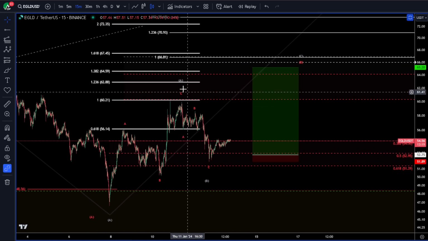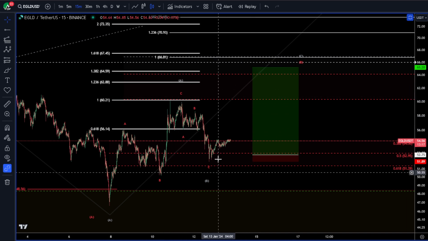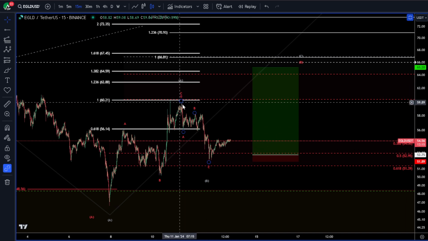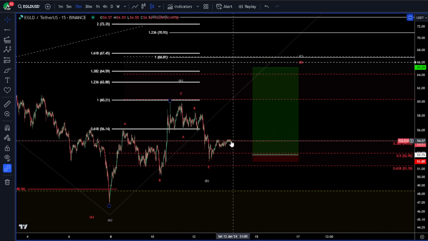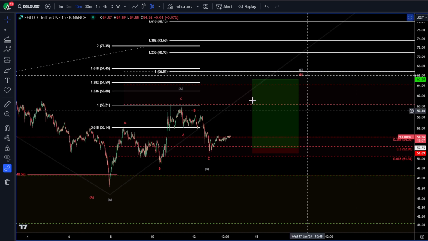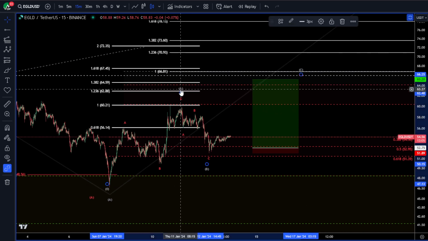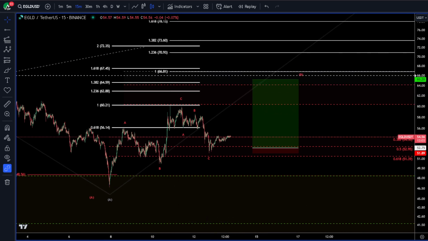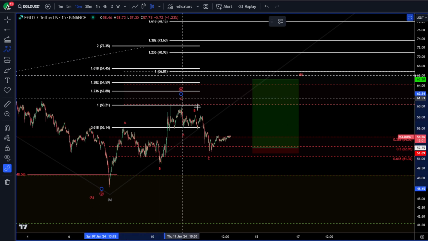Currently we have a zigzag in for an A wave. We have 3 waves back as a flat ABC, and if we're expecting a Y wave, this would become a Y wave, a WXY as a complex correction.